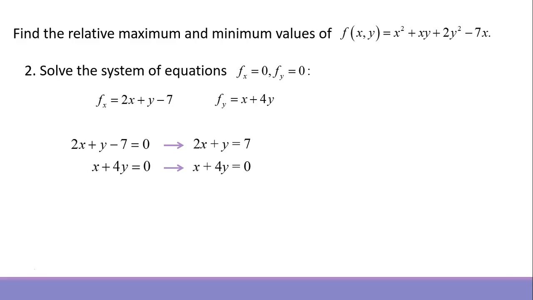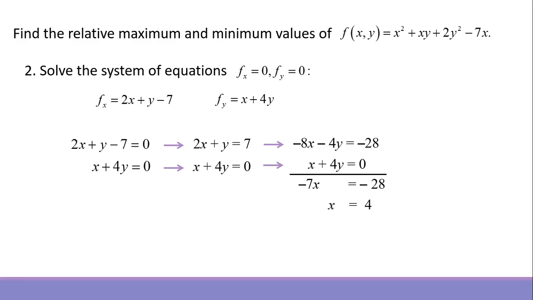And then the second equation already is in that form, so we have to decide which variable we're going to eliminate. So let's say we decide we want to eliminate the y's. We could do that by multiplying both sides of the first equation by -4, and then adding that to the second equation, which would eliminate the y's and give us an equation which we can solve for x.